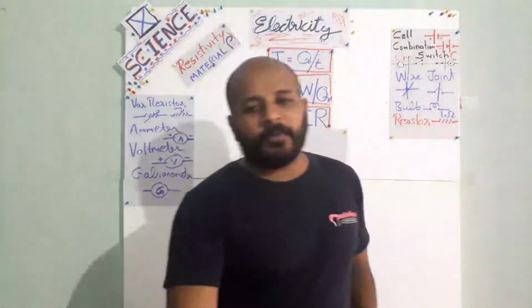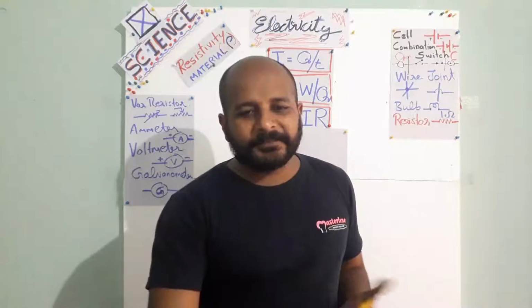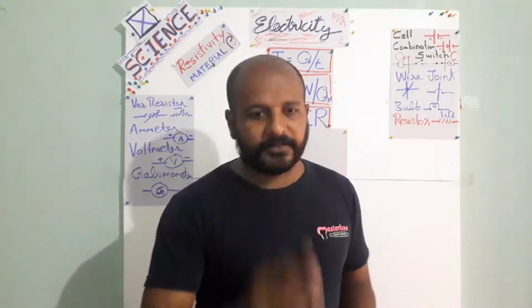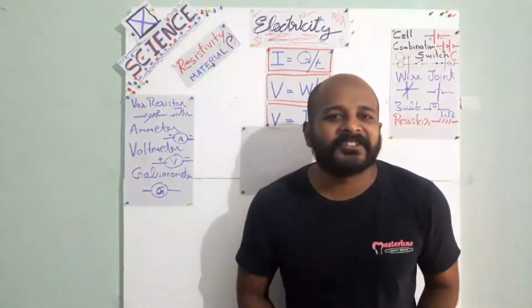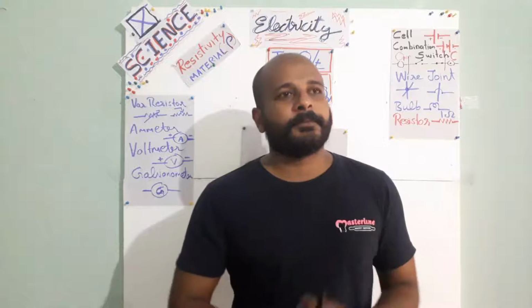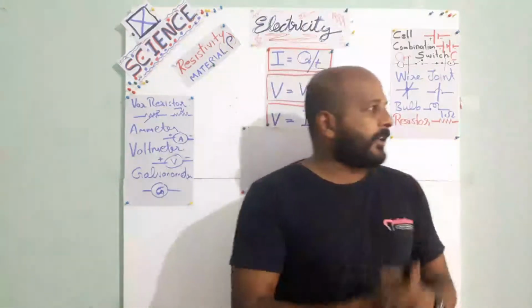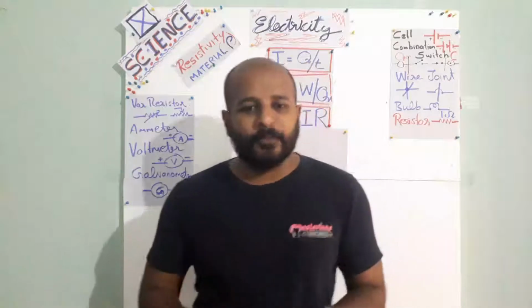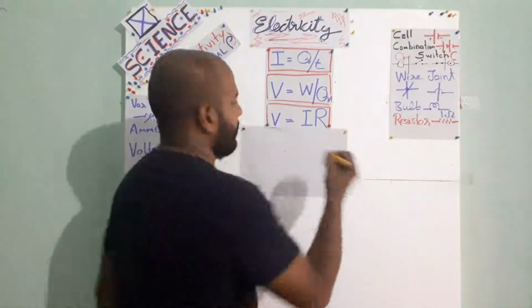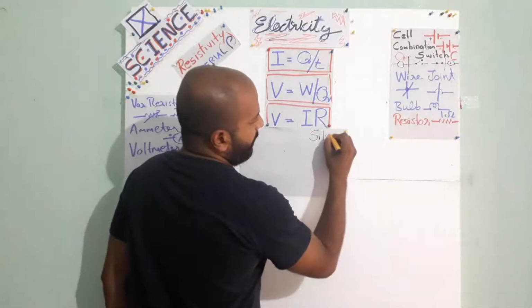In the last class we studied how the resistance of a circuit depends on particular things. See, these are the things. First one is that resistance depends upon the length of a conductor. For example, if I take a wire, in this case a particular silver wire.